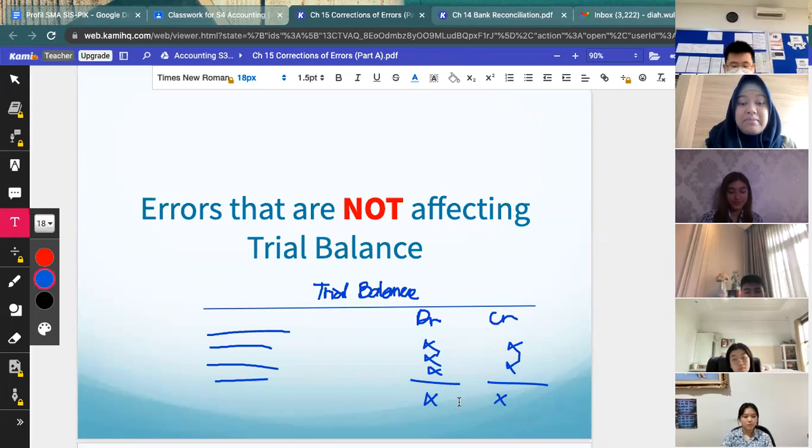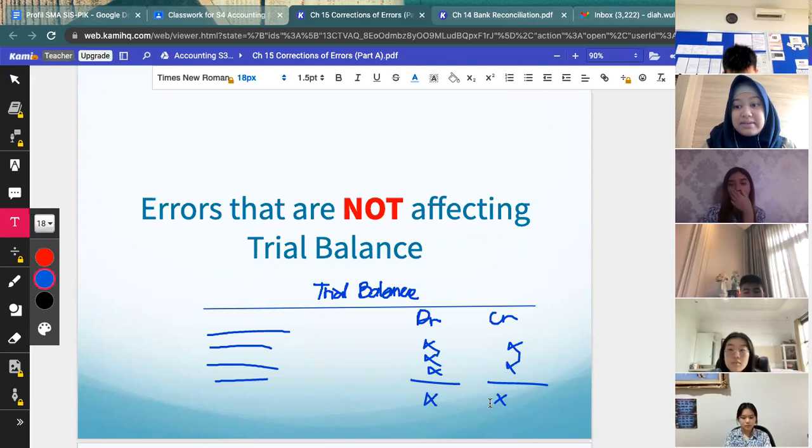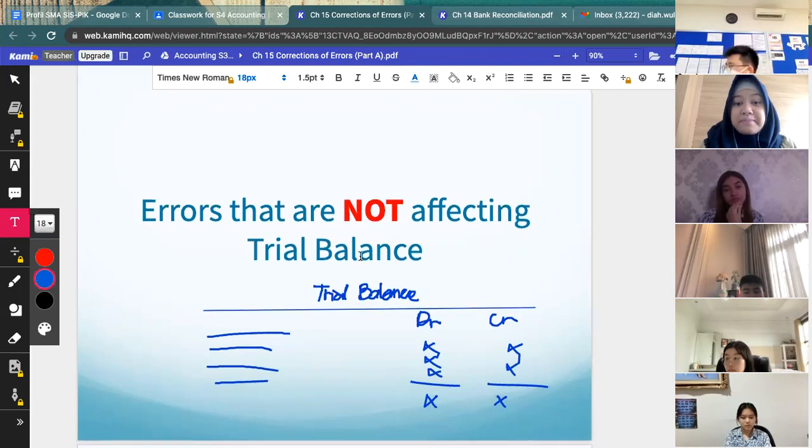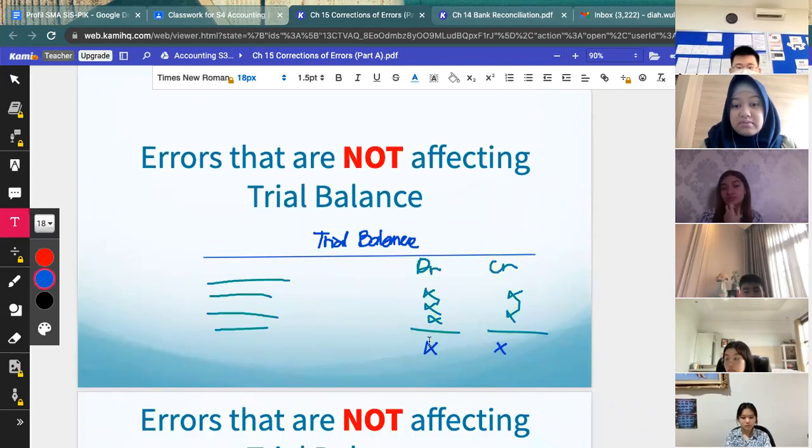But since we are now talking about corrections of error, apparently there are errors which happen, but it is not affecting trial balance. Means your trial balance is wrong, even though it is showing an equal balance. Yeah, that is error that are not affecting trial balance. Okay, clear, yeah? So your trial balance here will be showing an equal balance.